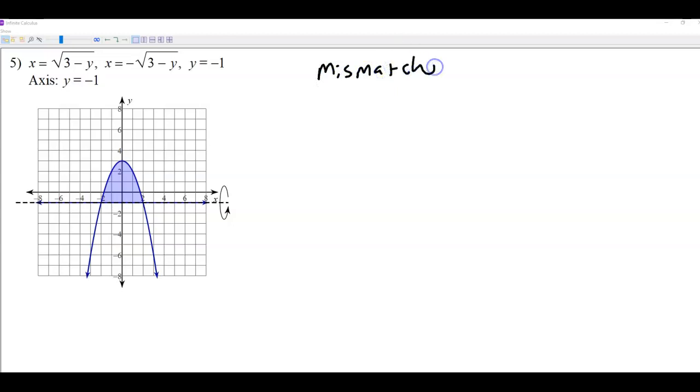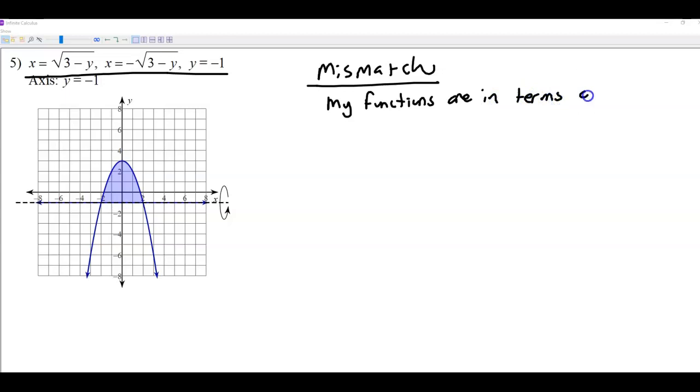Why is it a mismatch? It's a mismatch because my functions are in terms of y. That means that we have x equals something with a y in it, right? But my axis is a horizontal axis. The line y equals -1, that's right here.